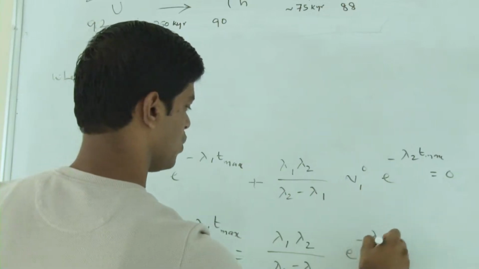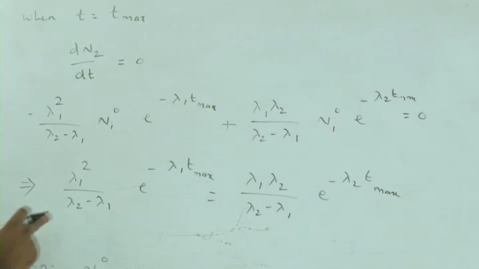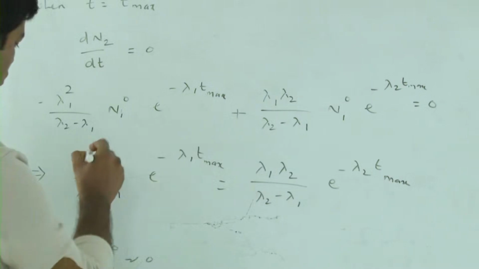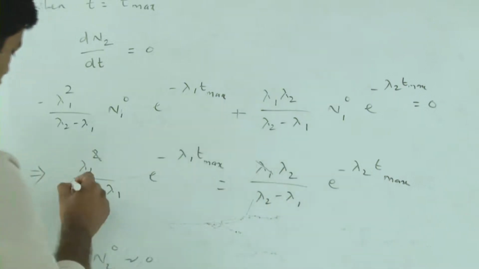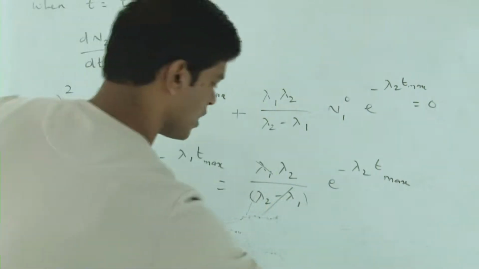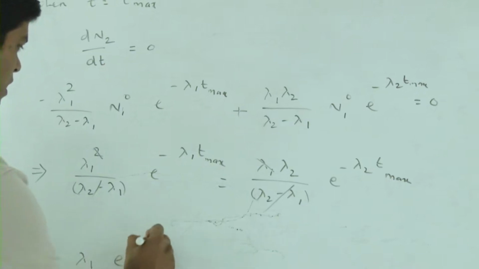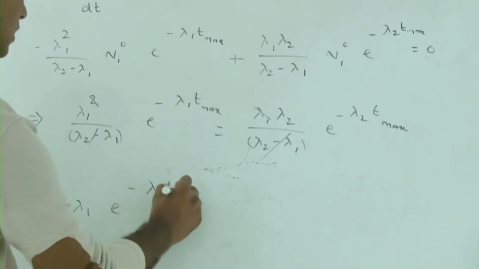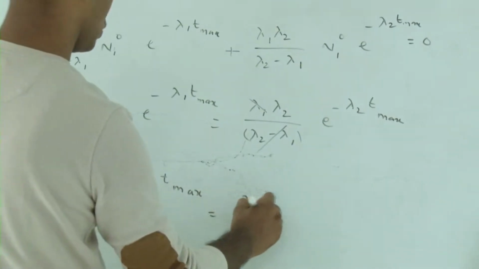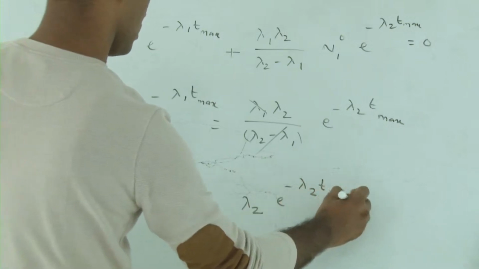Now, lambda 2 minus lambda 1 is also common, we can take it out, lambda 1 will cancel. So, the remaining term is lambda 1 e to the power minus lambda 1 T max is equal to lambda 2 e to the power minus lambda 2 T max.